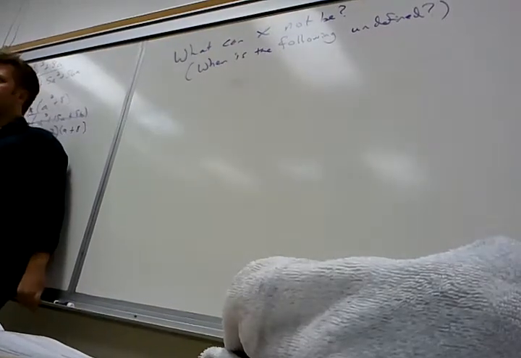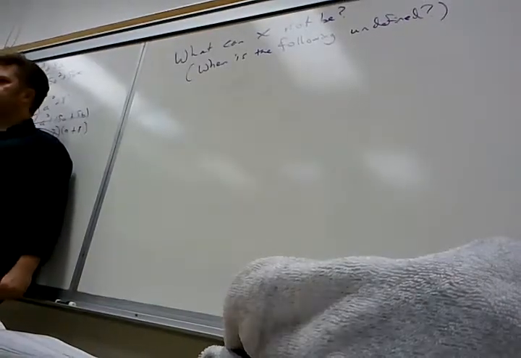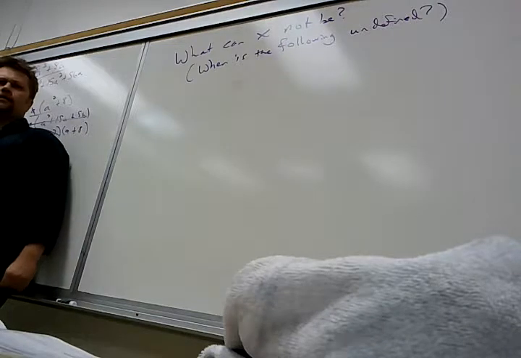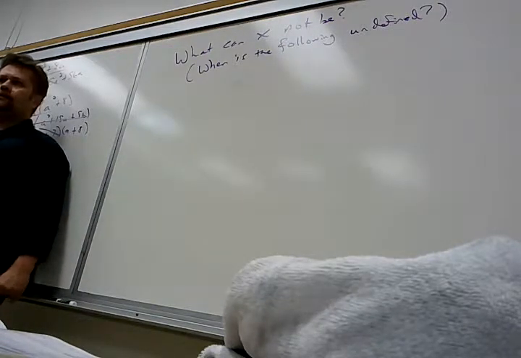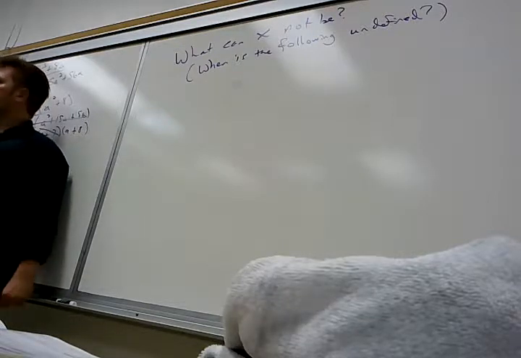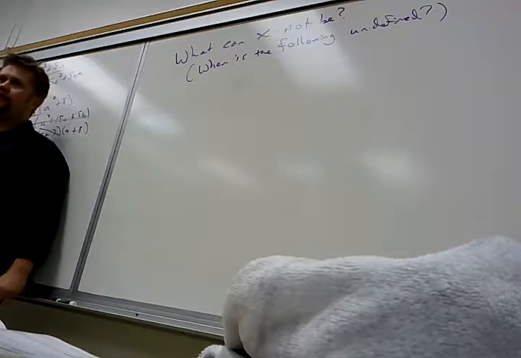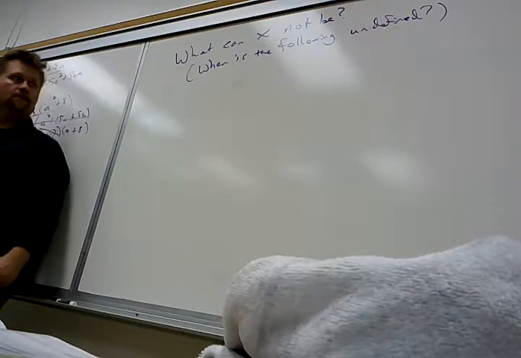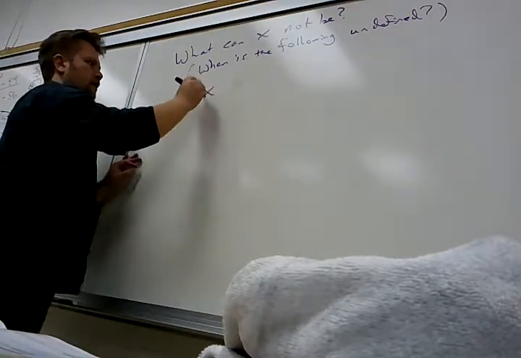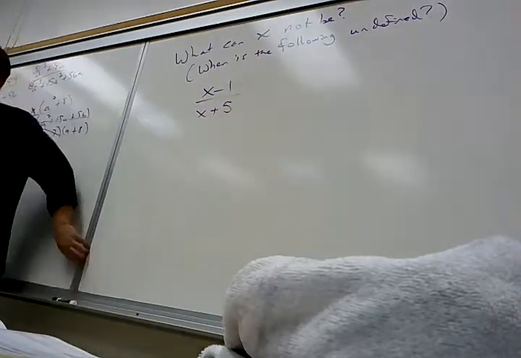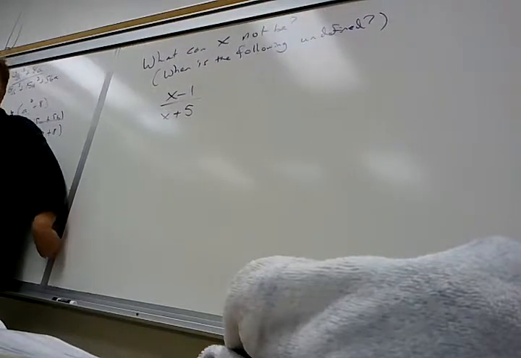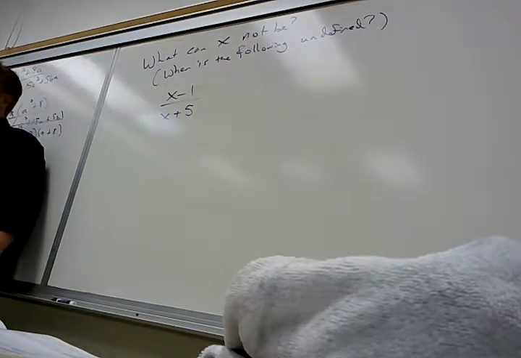When is the following undefined? The minute I started talking about rational expressions, fractions, what can't be where in a fraction? Zero cannot be on the bottom of a fraction because like we talked about before, that's undefined. There's no number defined to do that. So when I have something like this, what can x not be? No, negative 5.